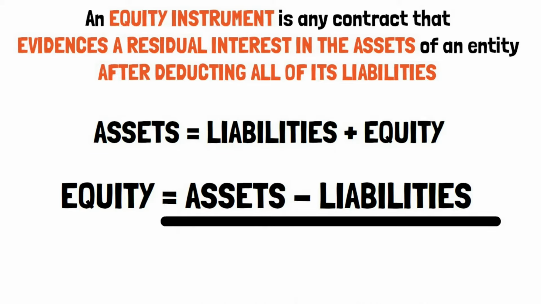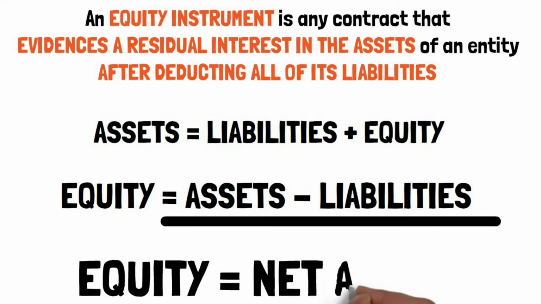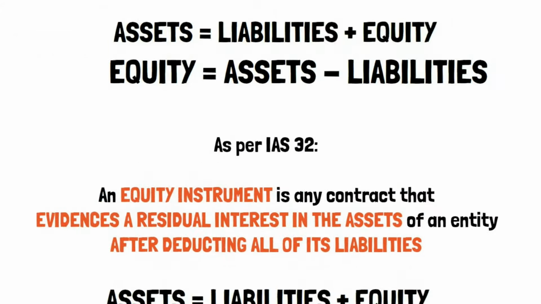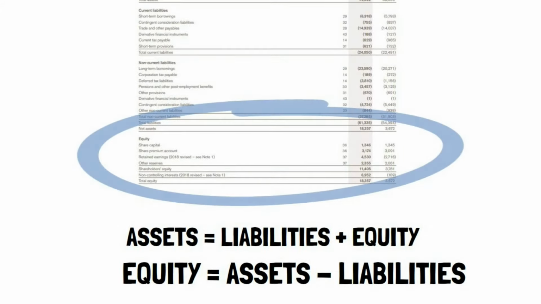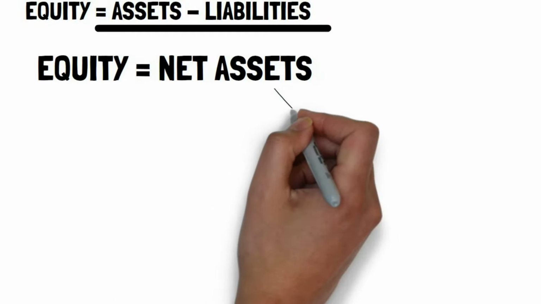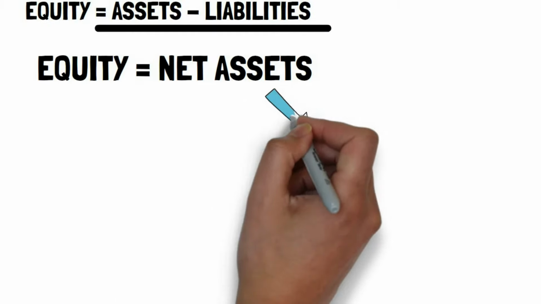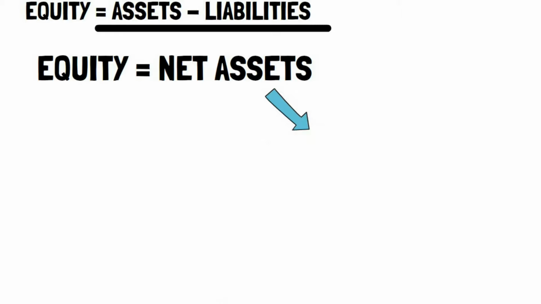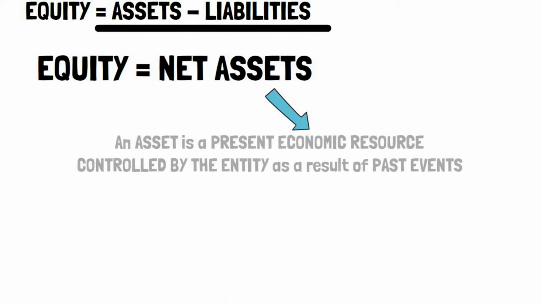So if we know that equity is equal to net assets, we can see that if we go back into the example balance sheet above, and you can see the number in the balance sheet net assets there, and the balance sheet total equity, that they're equal. So if equity equals net assets, let's understand what an asset is again.